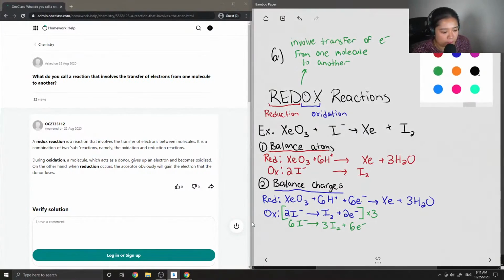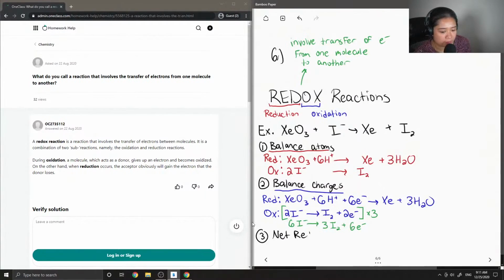So now we can combine both of our oxidation and reduction reactions to write down the net redox reaction. So combining them overall, we write down all of our reactants first.